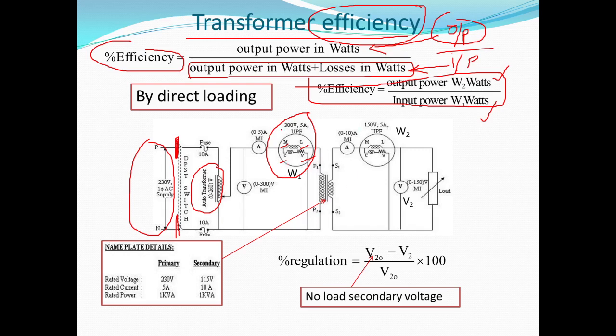Here we are connecting the input wattmeter, and one more wattmeter to measure the output. UPF means unity power factor. Here we are connecting a load. The transformer nameplate is given here with the rated voltage, rated current as well as the rated power of the transformer.